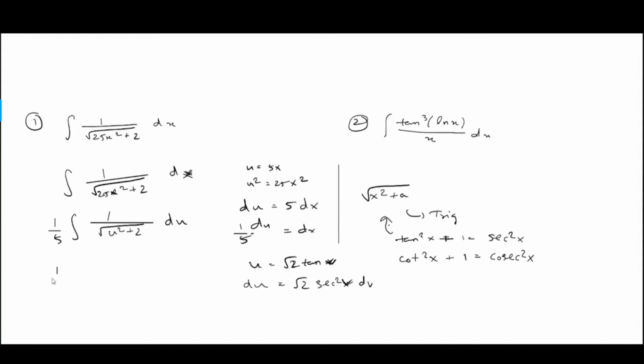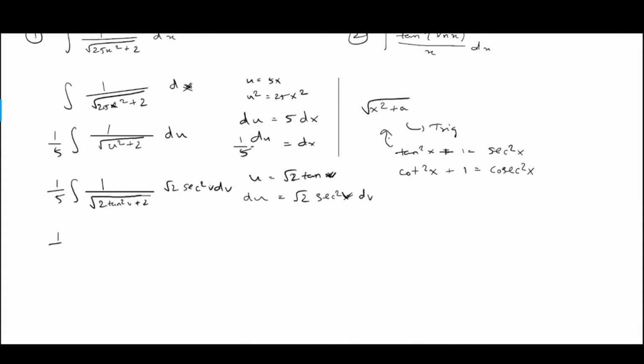Let's plug it in. 1 by 5 times the integral of 1 by the square root of u squared plus 2, and here I have root 2 secant squared v dv.